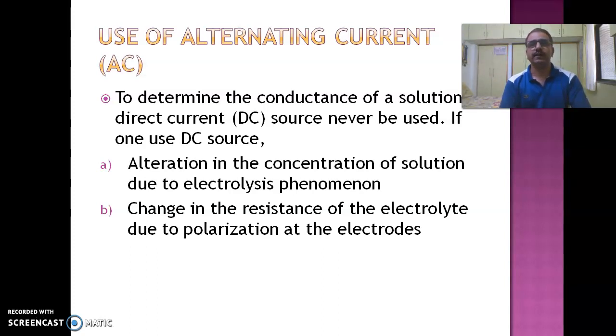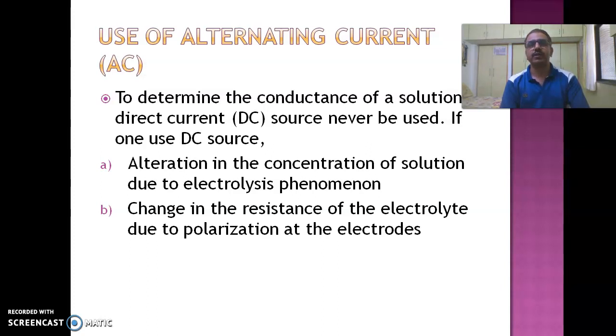Once we apply a DC source and the electrodes are connected, the splitting of the electrolyte will take place, and after the splitting, the oppositely charged ions move towards the respective electrodes and get discharged on the surface of the electrode. We don't want this electrolysis to happen. We are only interested in measuring the speed of the ion between the two electrodes.